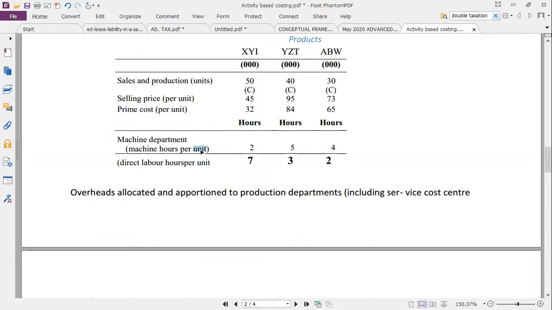Multiply by the production unit. What's the production unit? 50. So 50 by 2, that's 100. 40 by 5, that's 200. Then 30 by 4, that's 120. So 100 plus 200, 300, plus 120. That'll give us 420. That is how you get the machine hours.